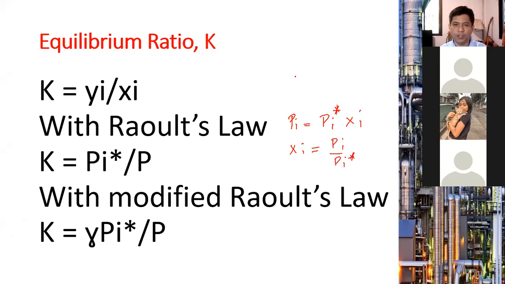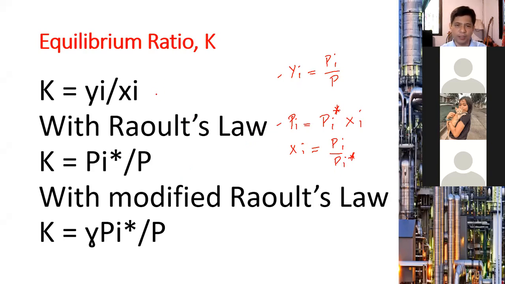Tapos from the definition of y sub i, di ba y sub i naman is equal to P sub i all over P, the total pressure. Tama? Do you still recall these two? Tapos basically what we're going to do is substitute natin yung equation ng y sub i dito sa definition ng equilibrium ratio, pati yung na-derive nating from the Raoult's law na x sub i is equal to P sub i divided by P sub i star.